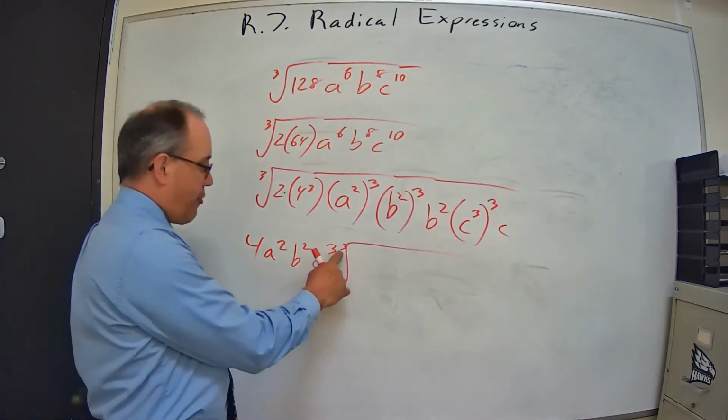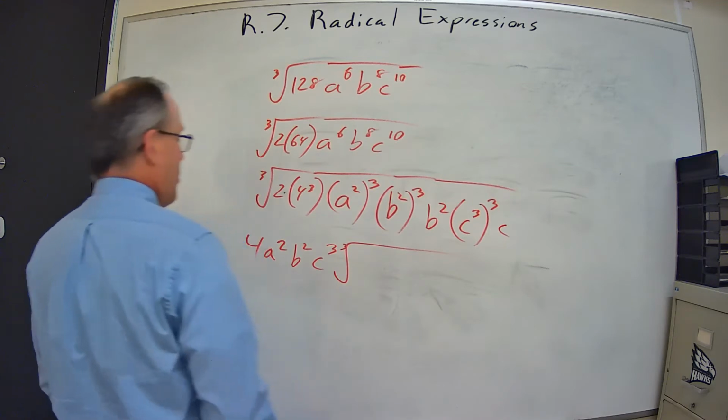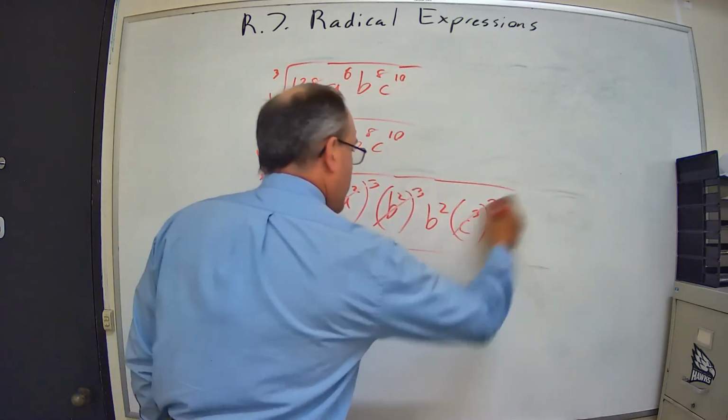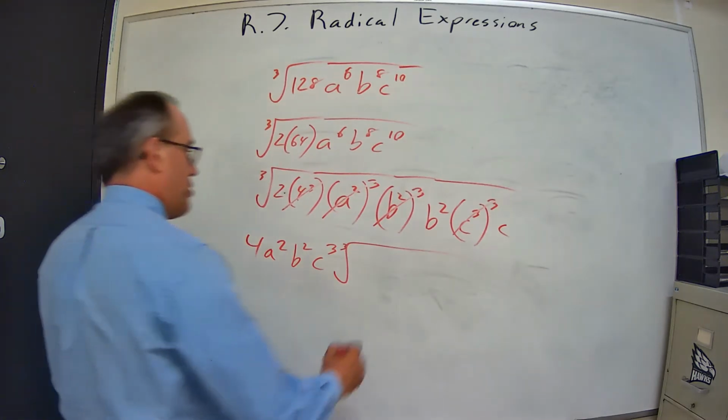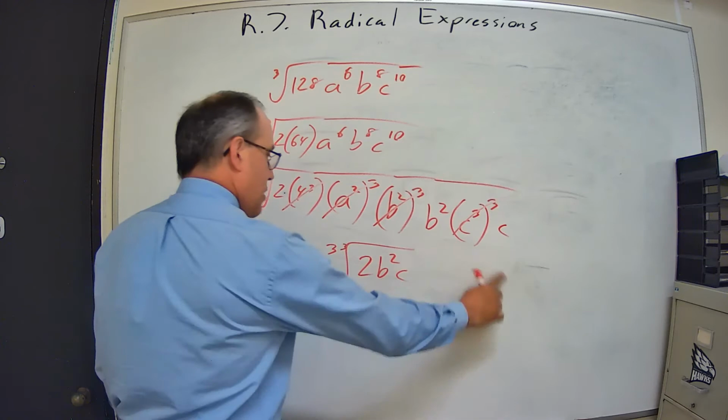Notice how I tied that 3 really closely to that radical. So that leaves me with 2 B squared C.